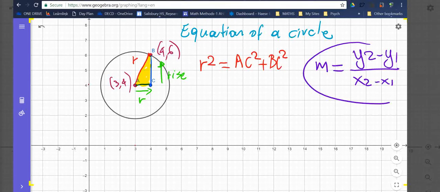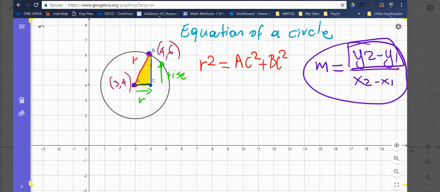I hope you remember that. So the y2 take away y1 is the difference between the end point and the beginning point, the rise, and x2 take away x1 is the difference between the end point and the beginning point of the run.